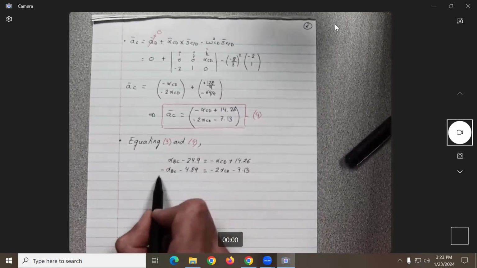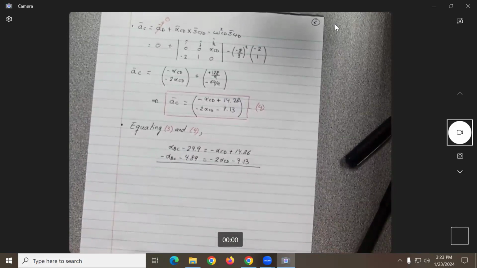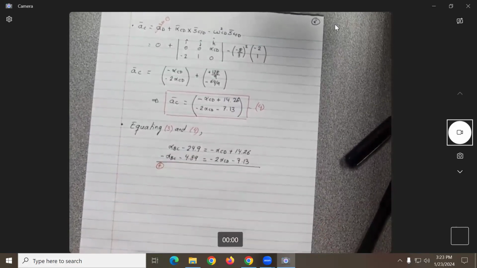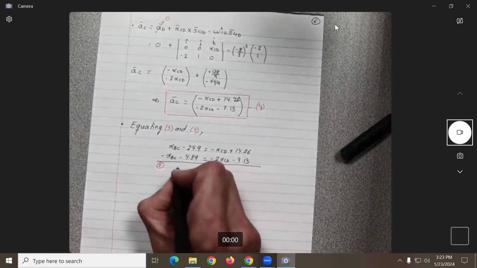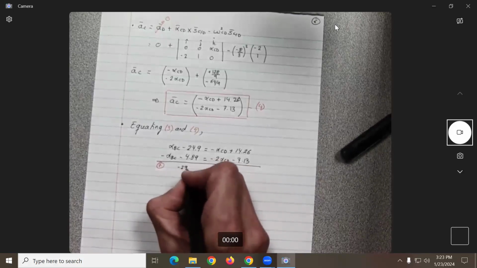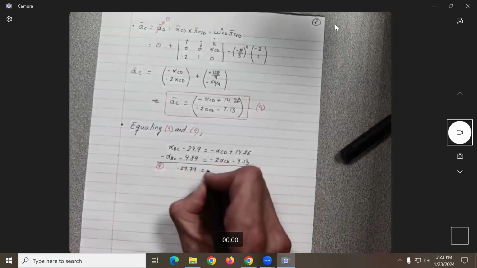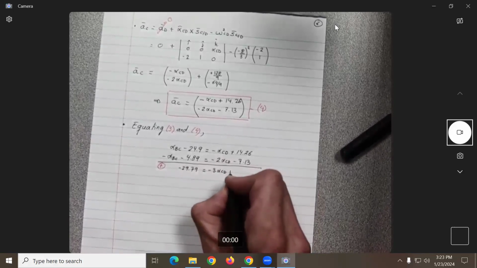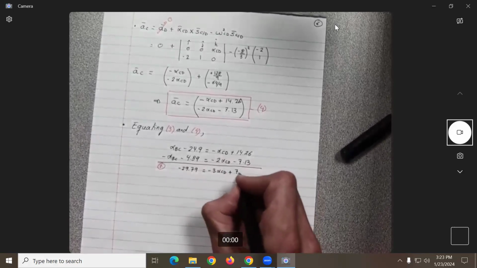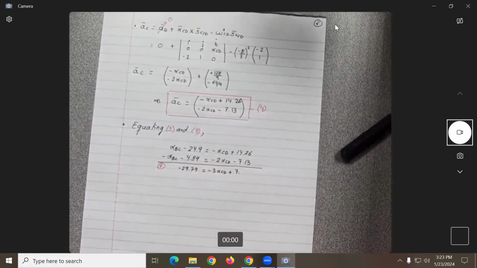So over here again, if we want to make it fast, what can we do? If we add, we find minus 29.79 equal to minus 3 alpha CD plus 7 point, is it 63 or 53?